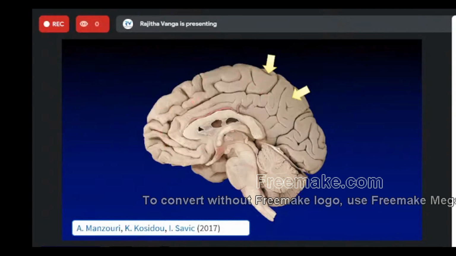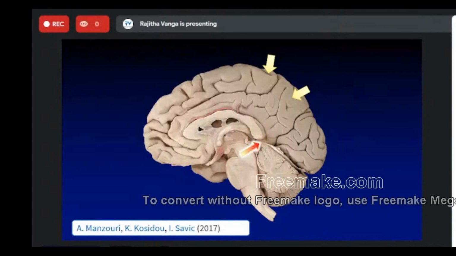A paper published by Manzouri, Kosidou and Savic in 2017 reported that female to male transgender individuals displayed a thicker mid-frontal, precuneal, parietal and lingual cortex. Here is the lingual cortex, best seen at the base of the brain, which continues as the parahippocampal gyrus.